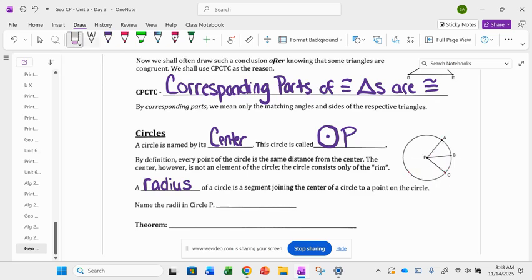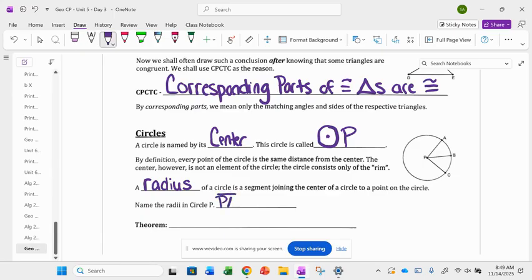So I'm going to take away my extra. So right now, from this diagram, can somebody name me the 3 radii that were drawn in our initial diagram? What's one radius in circle P? Stella? Yeah, segment PA. So radii are always segments.